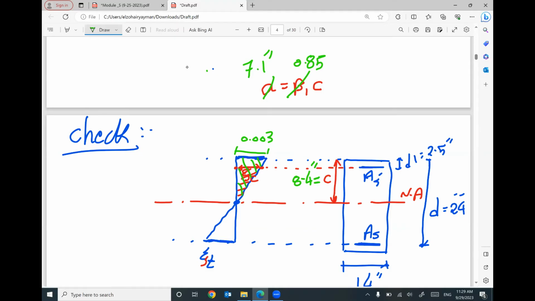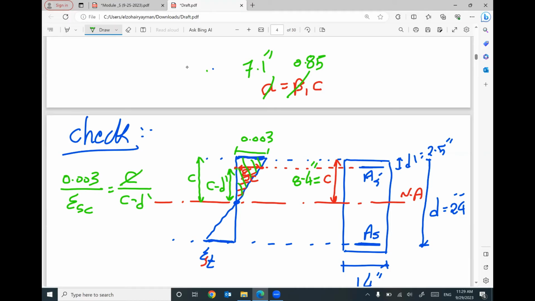This distance equals C minus D prime, and this total distance equals C. So I can say 0.003 divided by epsilon steel compression equals the total distance C divided by this distance C minus D prime. Triangle similarity.